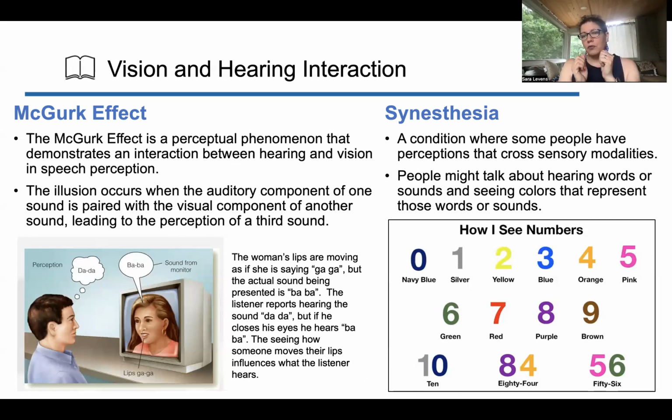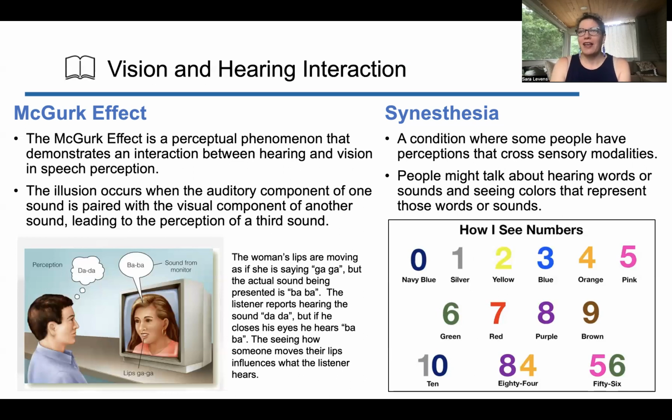And this can happen all the time in everyday life, where you can't hear all of what somebody says, and so you fill in the blanks, but there is often a bit of an assumption there.